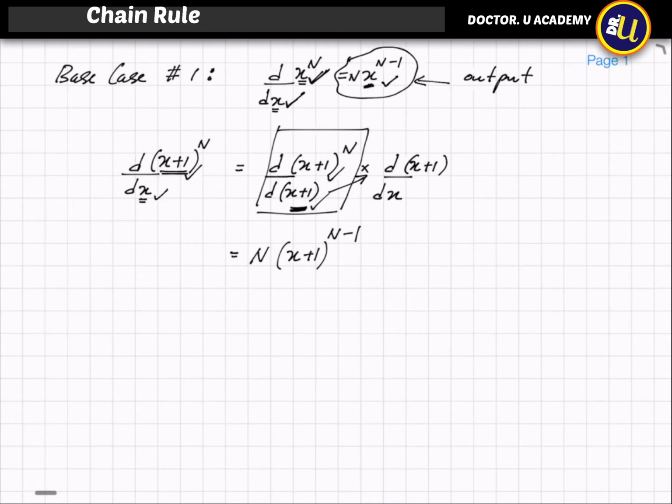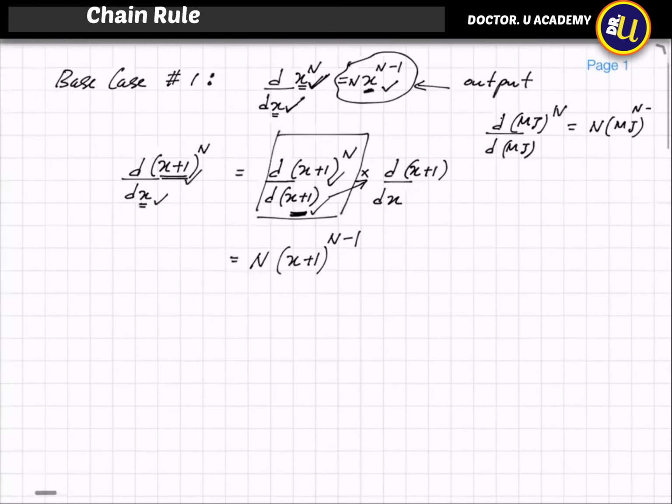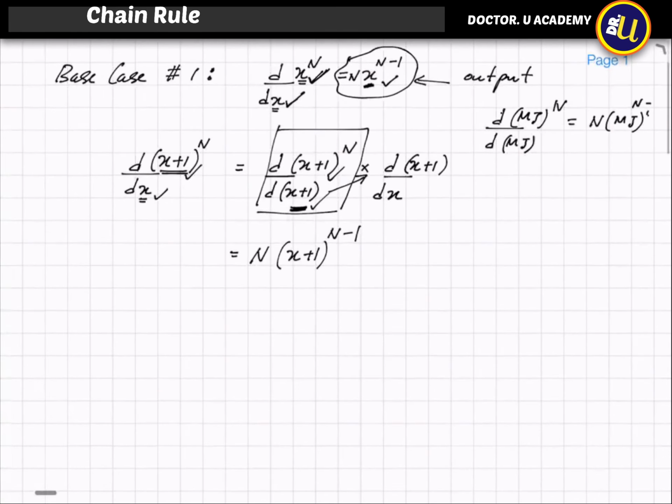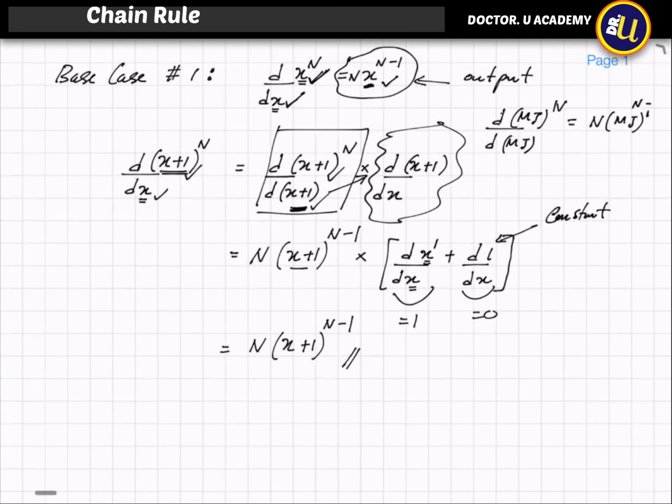So in reality, if you have d(mj), where mj can be anything, mj to the power n, the answer would be n mj to the power n minus 1, right? Any question?